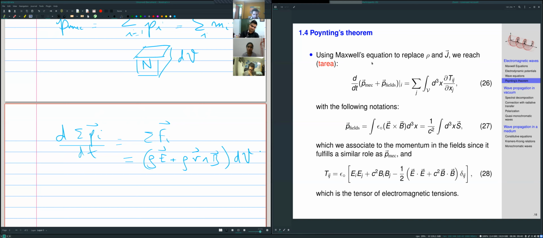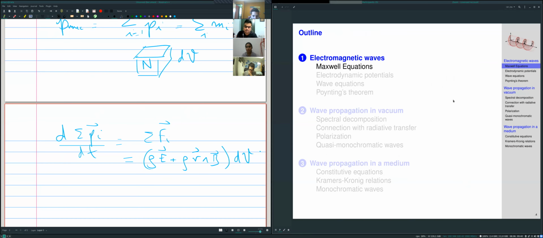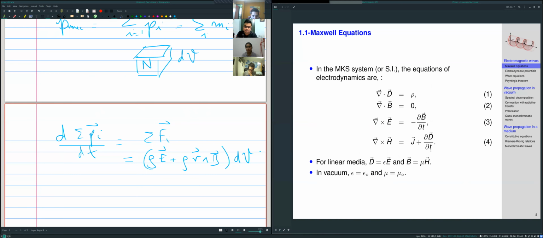Again, we have another task here. We use Maxwell equations to replace rho and J. So what do I mean here? You use these equations to replace rho and J here.